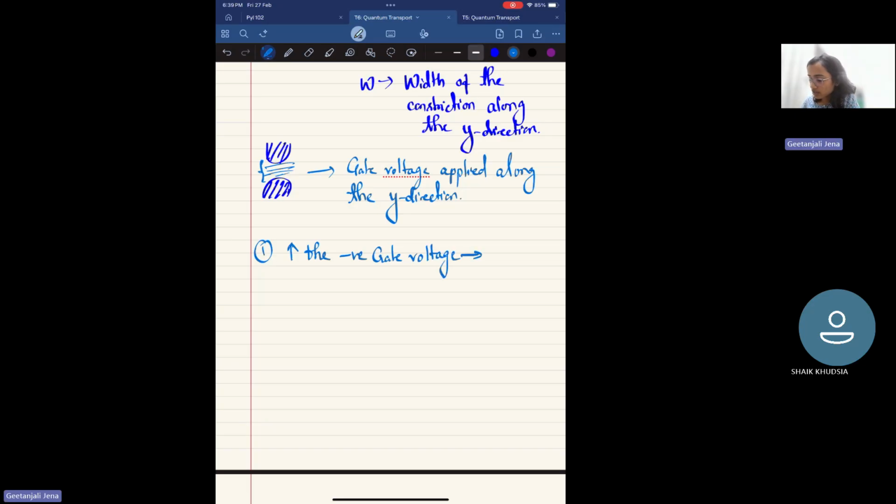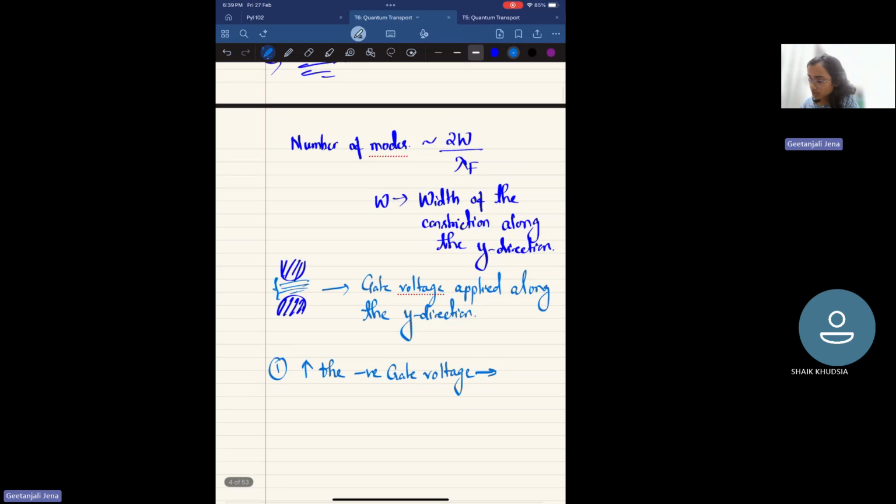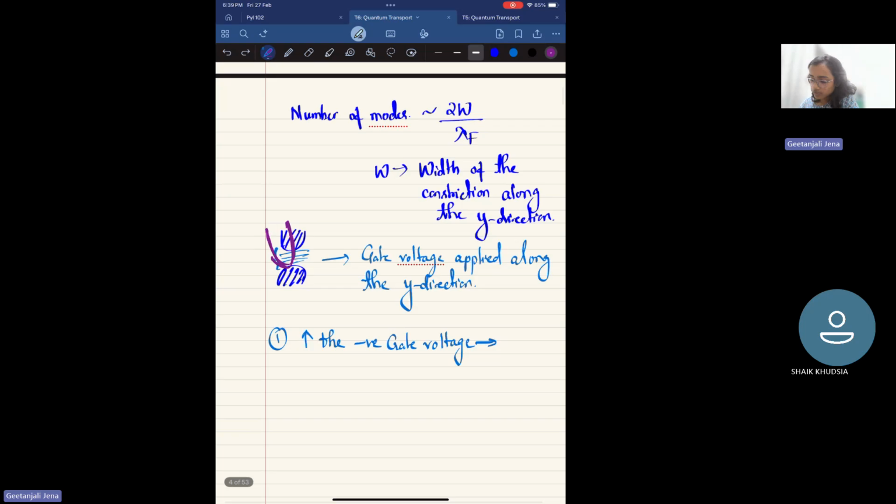In the constriction direction, if you recall, we have a parabolic confinement, right? When we increase the negative voltage, this parabola gradually shifts along the vertical direction. So the base of this parabola will gradually shift upward. Because of this, the supported energy levels will pass the Fermi level one by one.